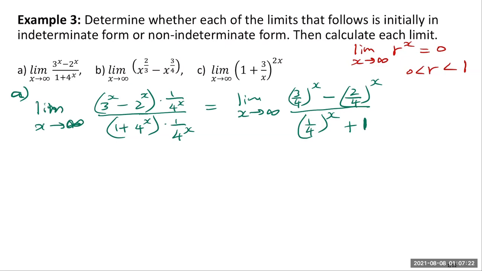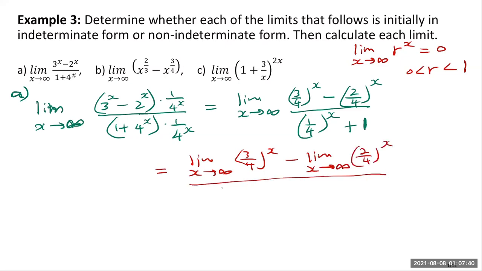First of all, I can apply this limit to top and bottom separately. Limit as x approaches infinity, 3 over 4 to the power x minus limit as x approaches infinity, 2 over 4 to the power x, divided by limit as x approaches infinity, 1 over 4 to the power x plus limit as x approaches infinity, 1.